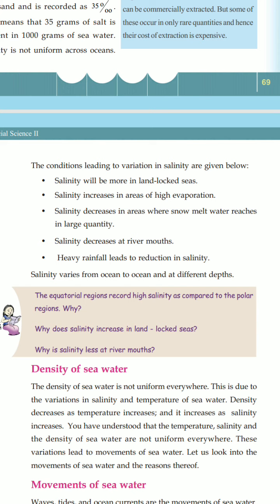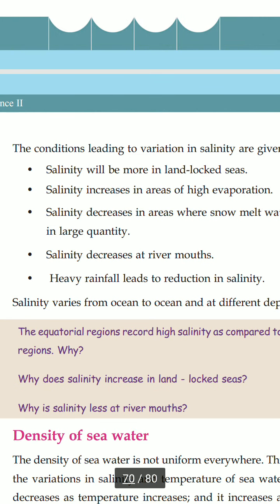The equatorial regions record high salinities as compared to polar regions. Why? Because of the second point: salinity increases in areas of high evaporation. When temperature is high, the evaporation will also be high. So the salinity will be high there. Why does salinity increase in landlocked seas? Because the sea is covered by land on three or four sides.